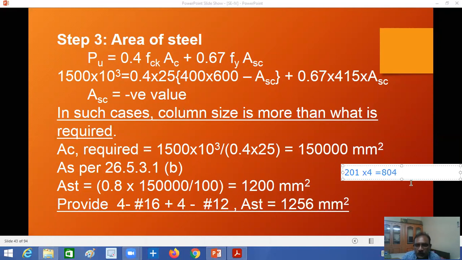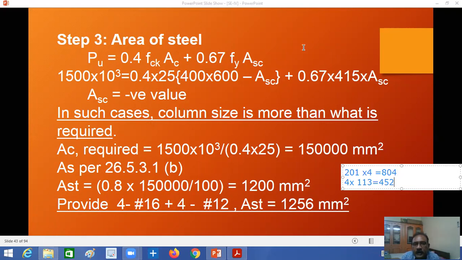And if you use 12 mm bars, the area is 113. 113 into 4, you will get 452, and if you add both you will get that 1256.